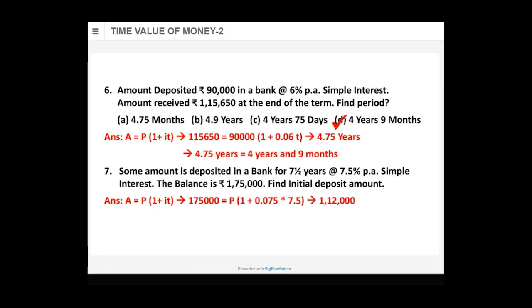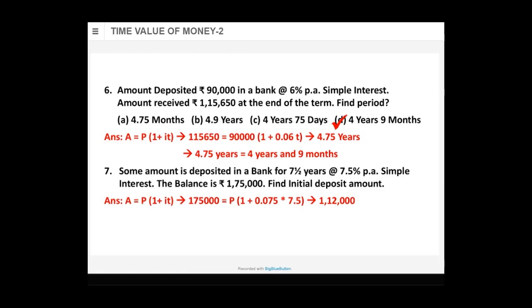6% per annum. So that rate was given per annum, so the answer will be in years: 4.75 years.